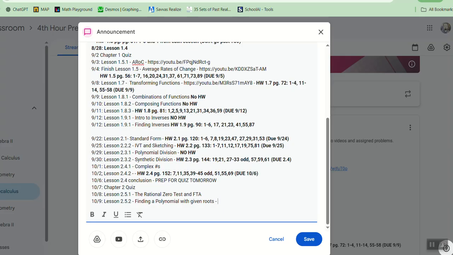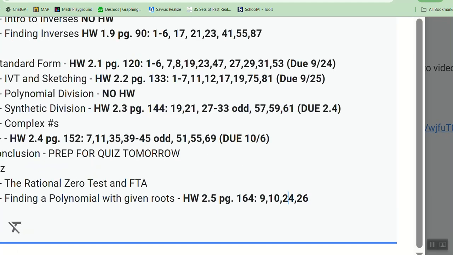I should probably give you the page. You will find this on page 164, section 2.5. I want you to do problems 9, 10, 14, 16. Yep, I see that now.